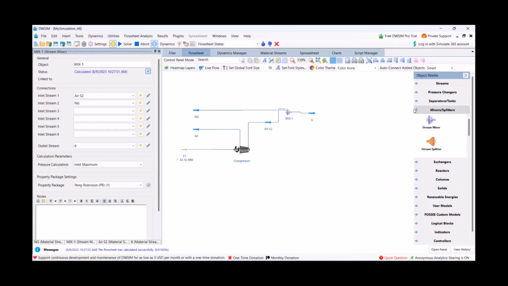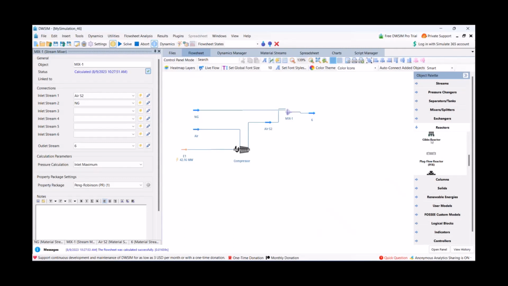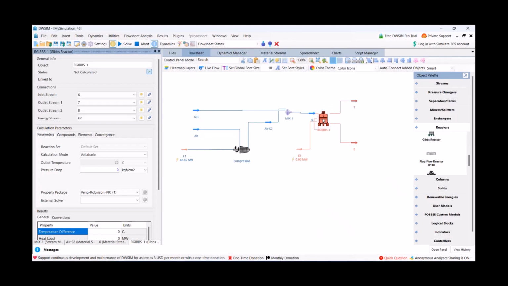And now you need a reactor. For the combustion reactor, we will use a Gibbs reactor here. Inlet stream is 6, which is fine.